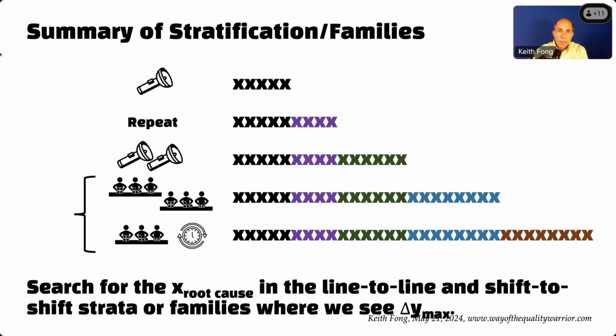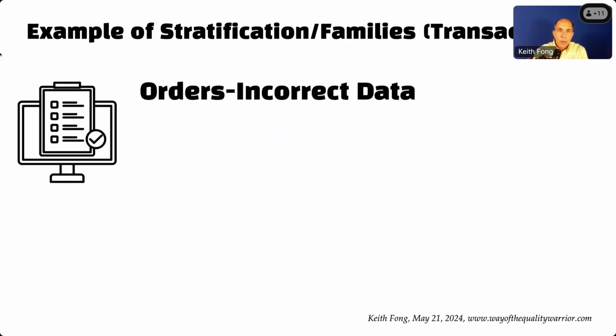Now, I want to look at a transactional project, right? Everybody is doing transactional projects of some form. We are doing transactions all day. So if you look at processes, even in the most manufacturing intense facility, I would argue that manufacturing processes are heavily outnumbered by transactional processes.